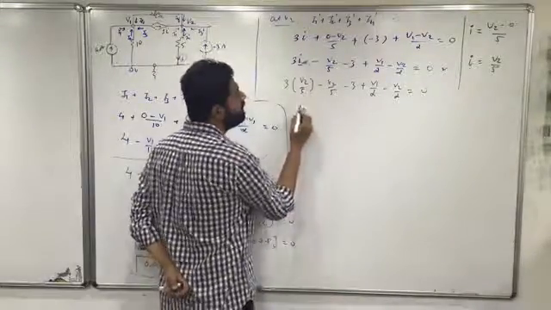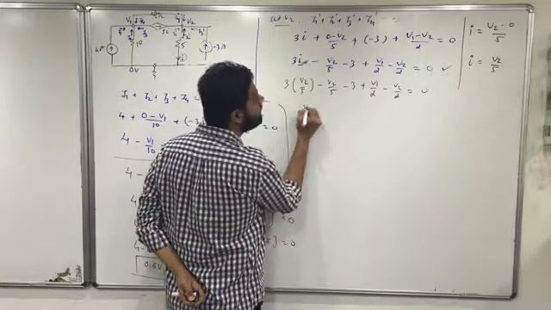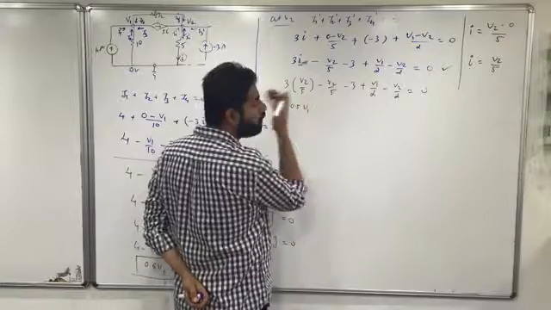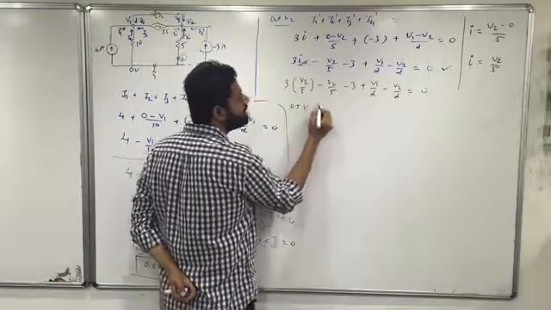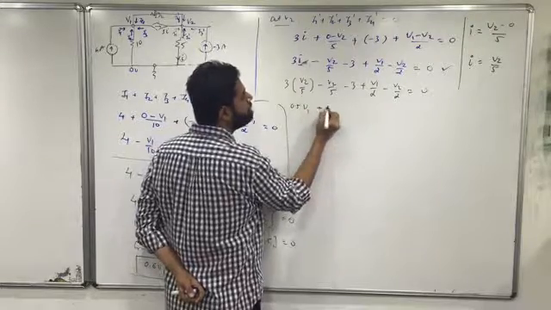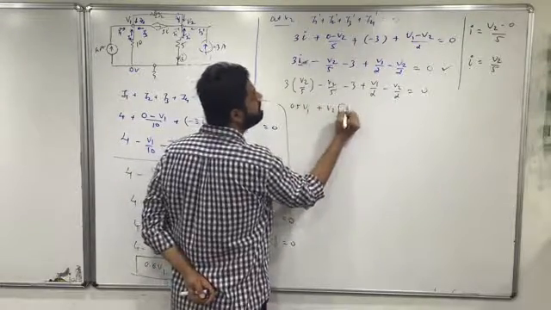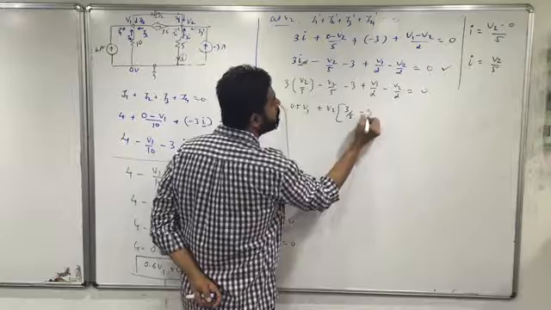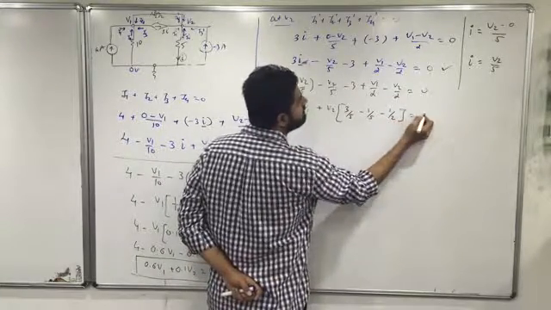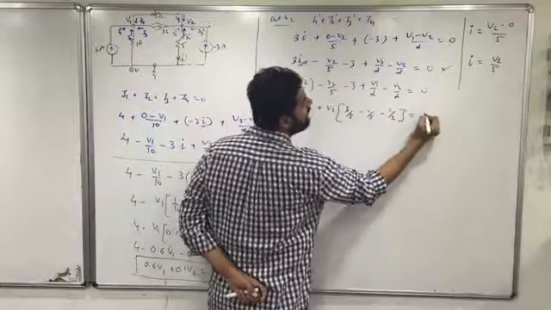Now let's deal with the second one. I will have V1, first of all, only one term is there. It's 0.5. Rest of all terms are of V2. So I will say 0.5 V1, then plus V2 I take common, I will be having 3 by 5 minus 1 by 5 minus 1 by 2, that is equal to, minus 3 will come this side, it will become 3.